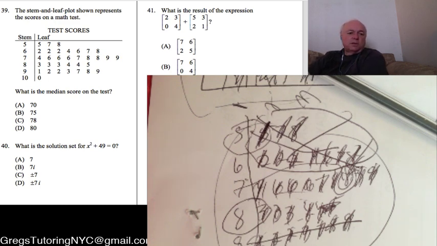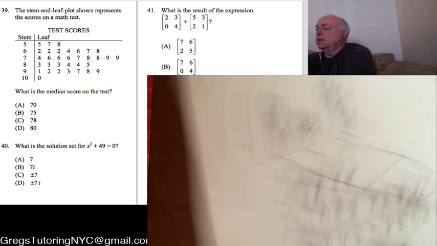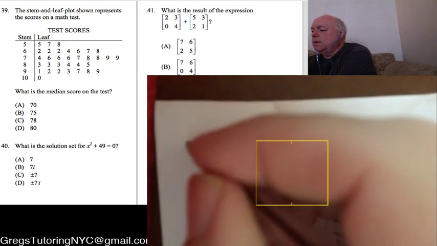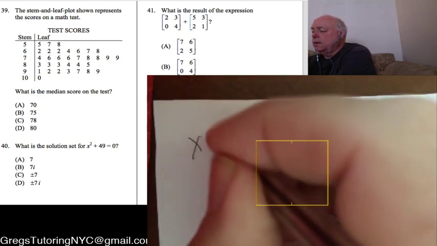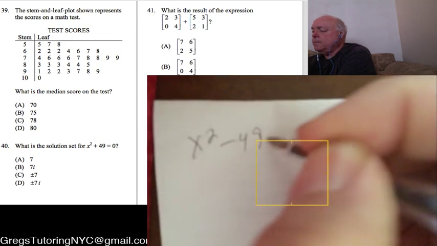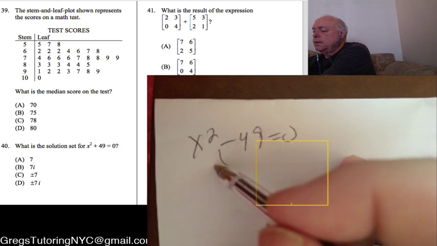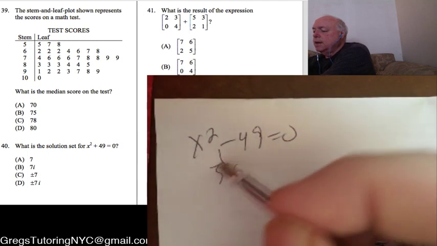What is the solution set for x squared plus 49 equals 0? So this one can be straightforward or not, depending on how you look at it. A lot of you guys are going to try to figure out the 5x here or something and try to get 7.